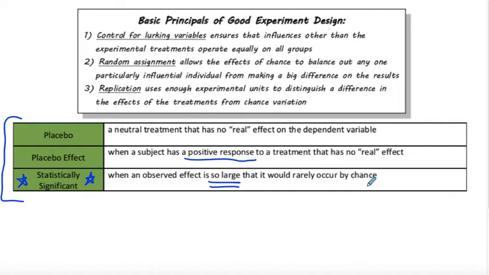So this is when we look into everything and say, okay, I've done this, this, and this as my treatments, and I've applied them, and I see a difference that is so large that it can't just be by chance. It must be the treatments that I've imposed on my individuals. And so when our results are statistically significant, that's when we start to get that cause and effect idea going on in a well-designed experiment.